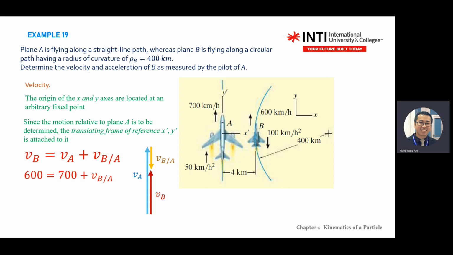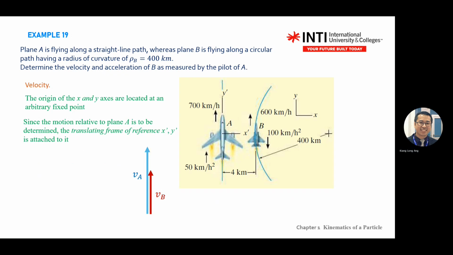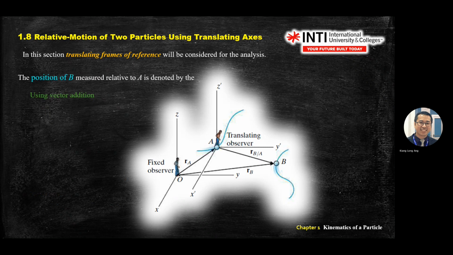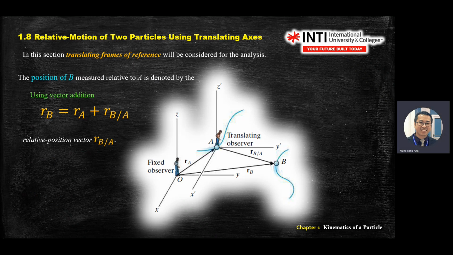I thought that one is B with respect to A, measuring from B to A. This one is observing B from A, B from A.